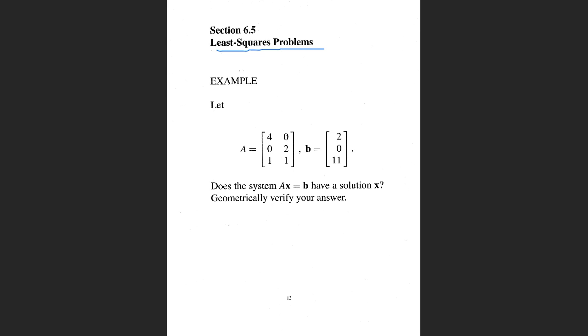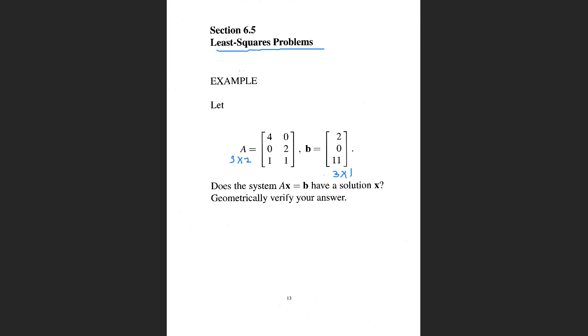Okay. So here we have a matrix A that has 3 rows and 2 columns. And we have this vector B that's a 3 by 1.